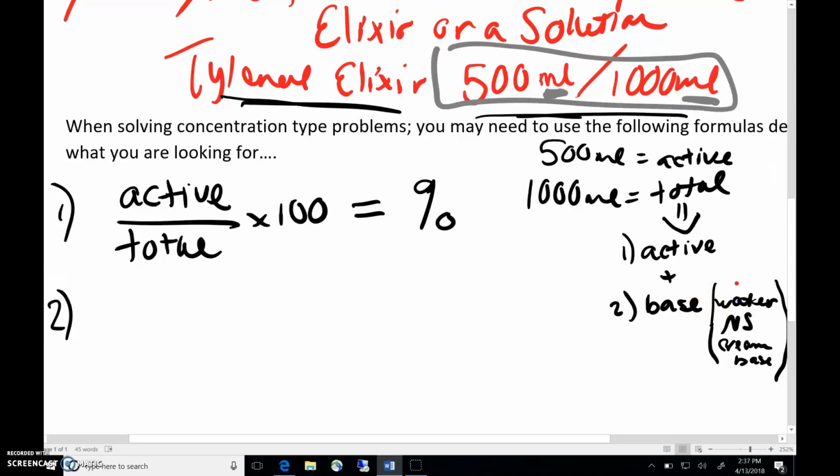A total has two components. It has an active ingredient and it has a base ingredient. Your base could be water. It could be normal saline. It could be a cream base. An example of a cream base is Aquaphor or Vaseline. Neither of those are medicated until the manufacturer adds some form of active ingredient.